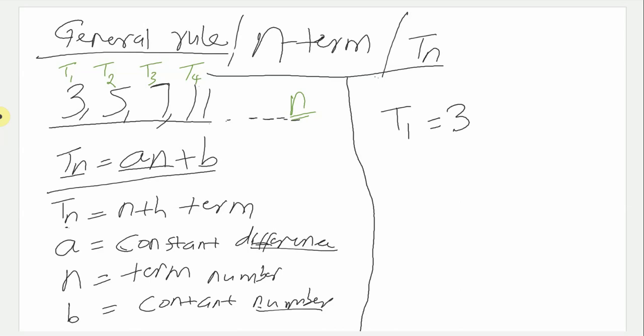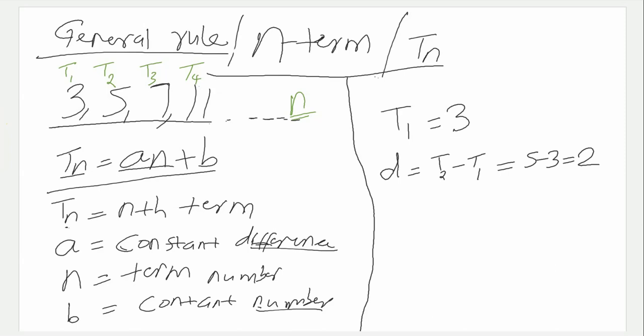How do I get T2? My pattern starts at 3. To get T2, let me start by finding the constant difference. So the value d equals T2 minus T1, which is 5 minus 3, which equals 2.